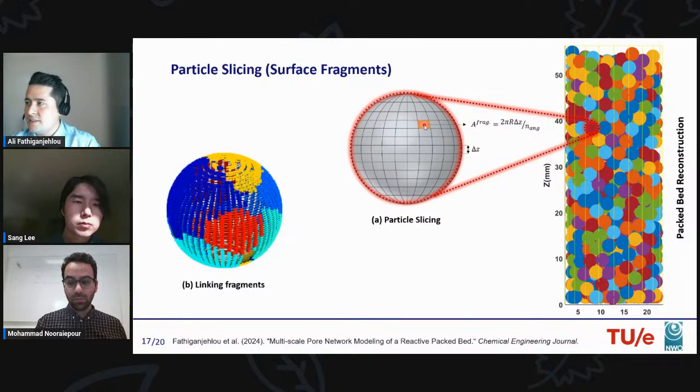By locating the center of each surface fragment in the volume element map of the reactor scale PNM, we can see which pore in the reactor scale PNM it is adjacent to. For example, here in figure B, we can see that the surface fragment colored in red is adjacent to a different reactor scale pore compared to the ones colored in blue.